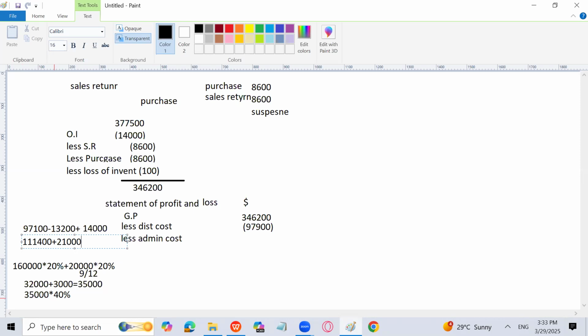So what amount will come? That is 132,400. So that is the admin expenses. Again, it will be subtracted from here, 132,400.